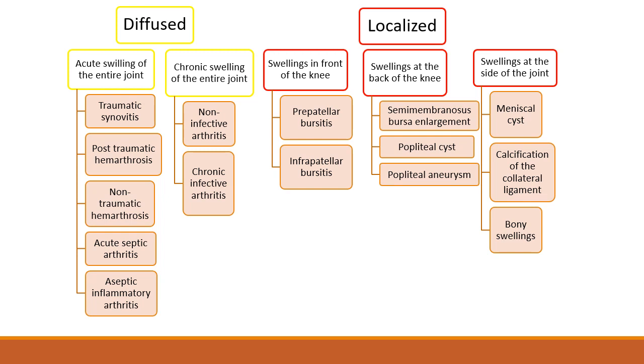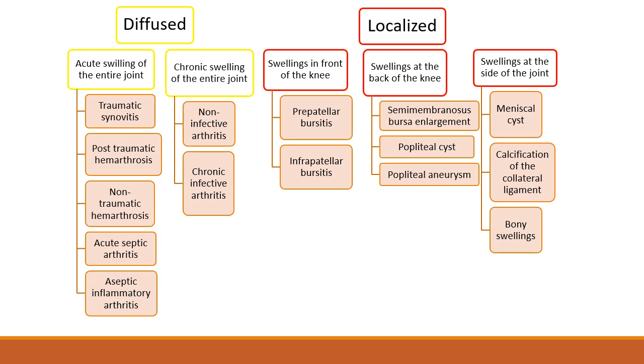This diagram shows the different causes of knee swelling and effusion. It can be either diffuse or localized. The diffuse part can be due to an acute condition, due to trauma, to infection, or a chronic swelling due to inflammation or degeneration.